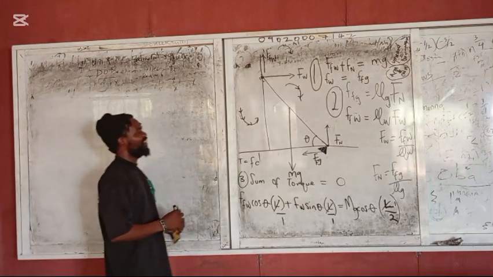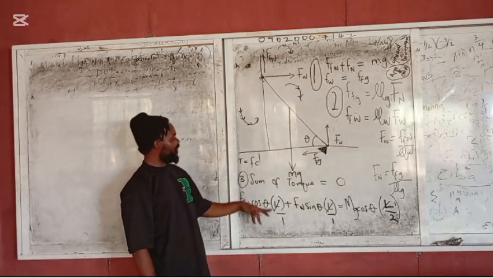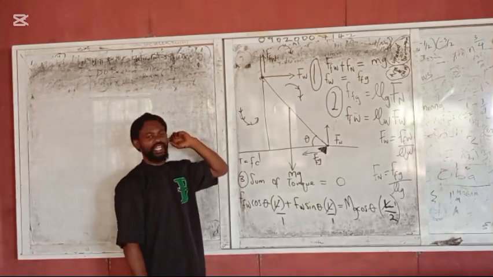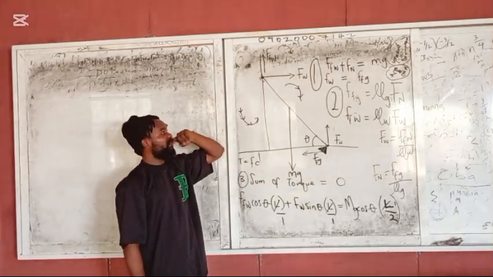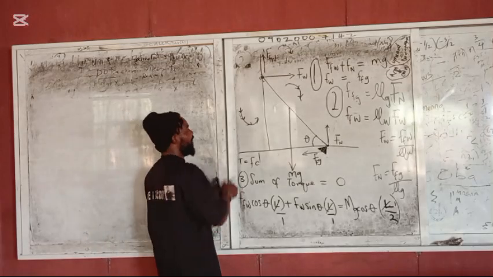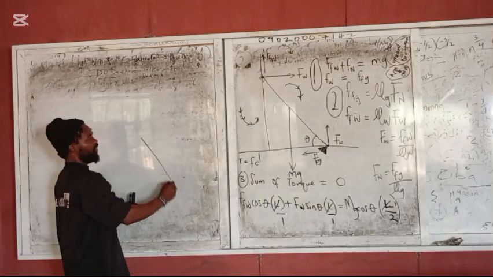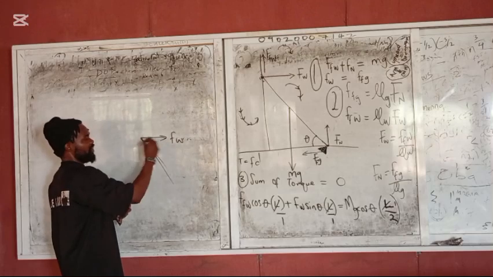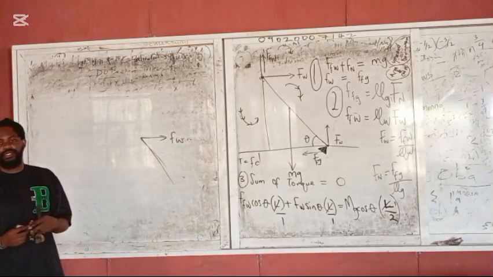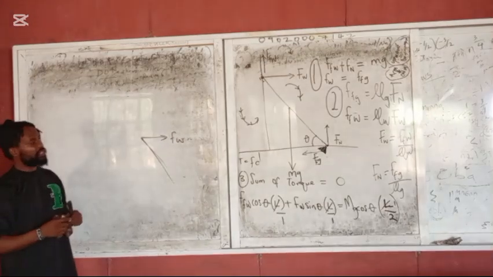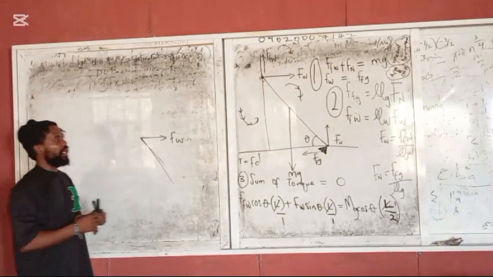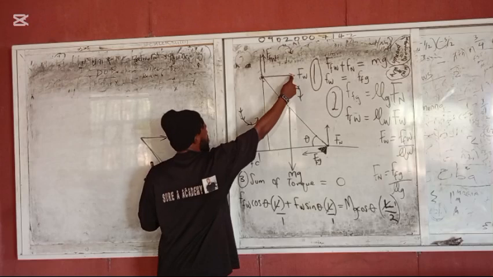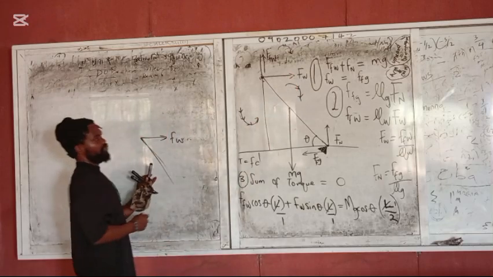Now see, if I'm going to be doing how I said everything at it, it simply means that I will be going back to the derivation. What we said is that once you stop, have it in mind that, for example, if I'm looking at this ladder now, if I'm putting that FW, this ladder and this FW, they are not at 90 degrees. Is it not true? Yeah. So I will be putting it in a position whereby I will be able to make this force rotate at 90 degrees.